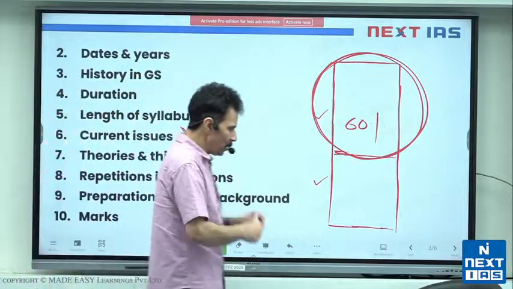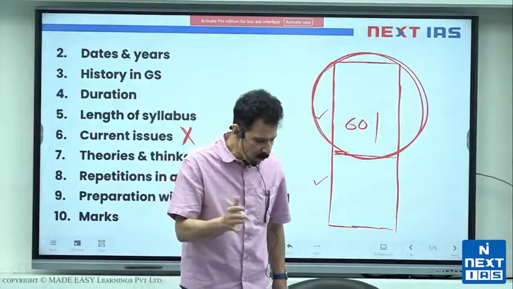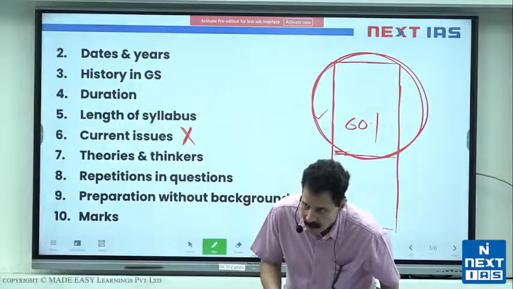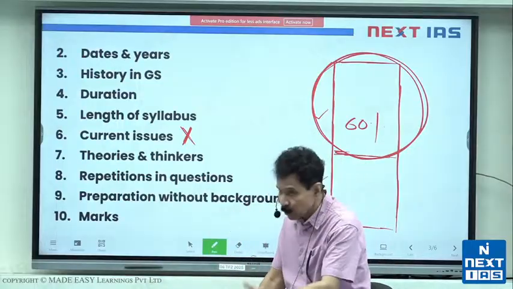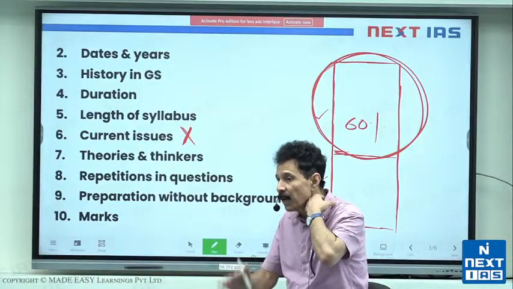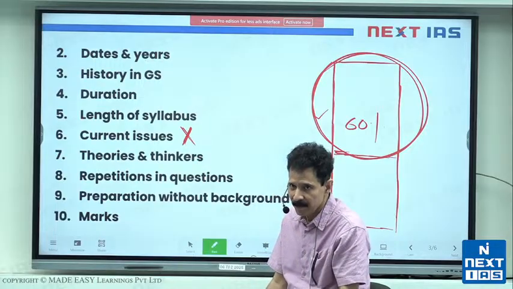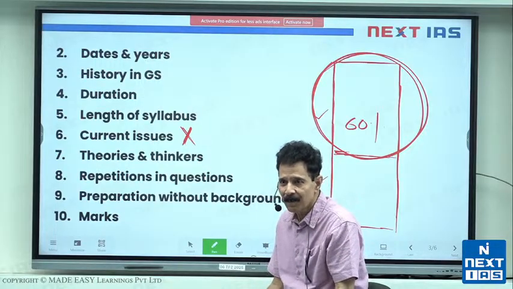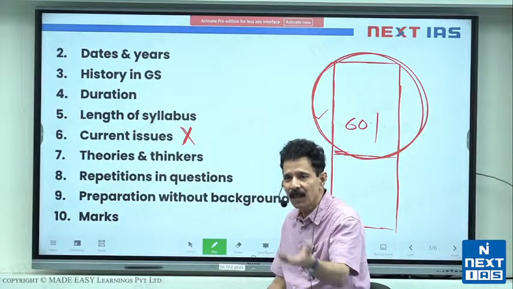Why am I discussing this, though some of you are aware of it? I've seen some people working on current affairs also. Someone said in the market, no, you have to do current. There are certain current issues in history also. Sometimes you find a past leader in the news. Suppose Mahatma Gandhi is in the news sometimes. This is not current. Mahatma Gandhi was there, he did something. Anyway, Mahatma Gandhi has to be done.